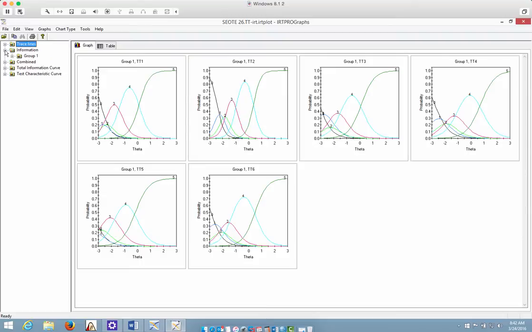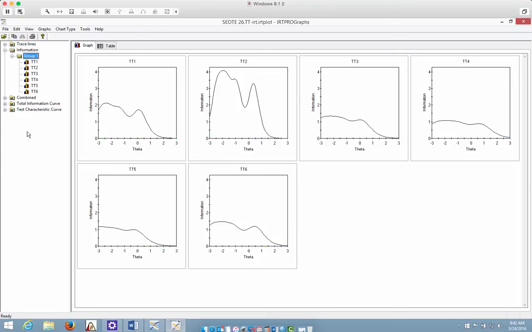Now, we can look at the item information. Let's just take item 2 again. And if I click on group, I can see the item information function or curve for each item.